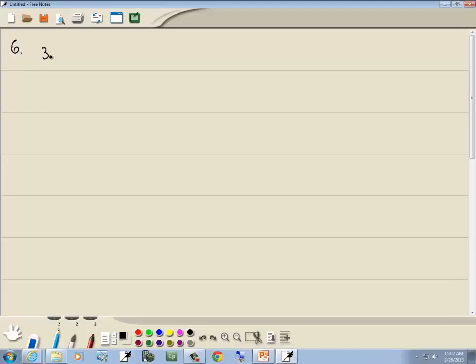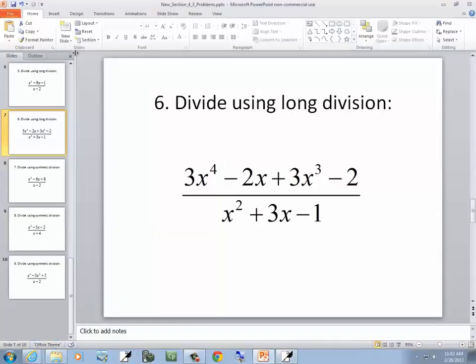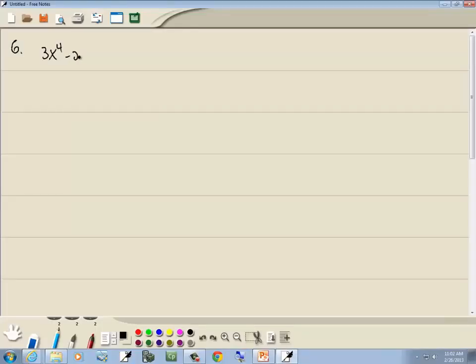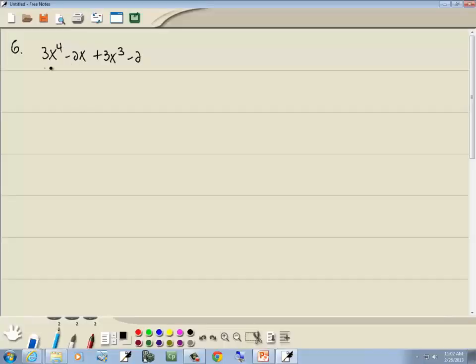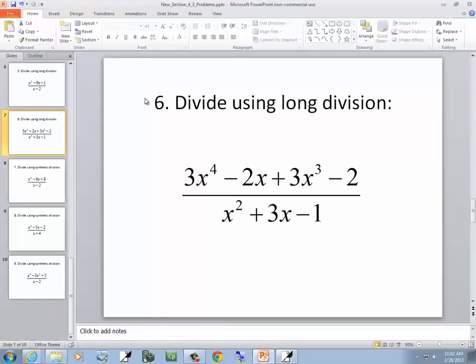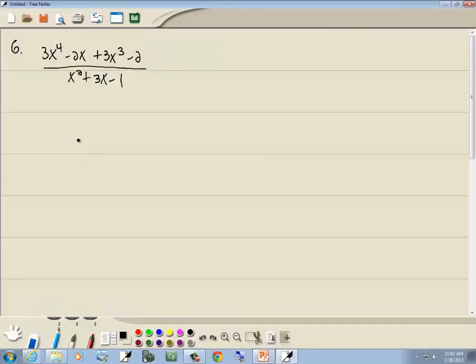3x to the fourth minus 2x plus 3x to the third minus 2 divided by x squared plus 3x minus 1. And still long division.